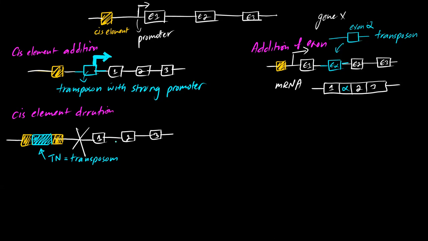We have also gene disruption. So a transposon might disrupt a gene, might insert itself in the middle of the gene, causing disruption of this gene. So it might insert itself in one of the exons like this. Exon 3, for example, exon 2, then something like this.